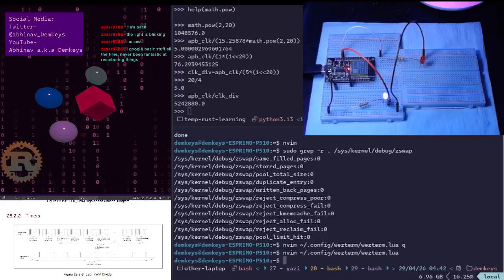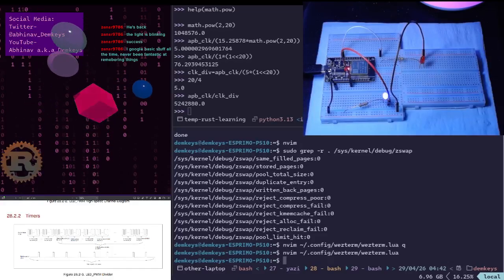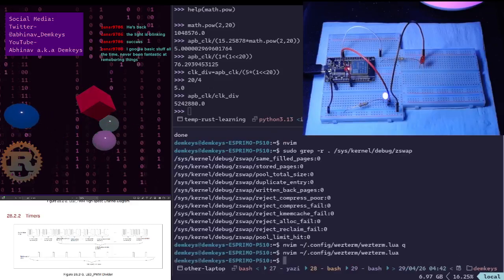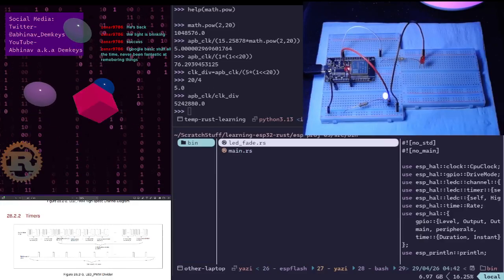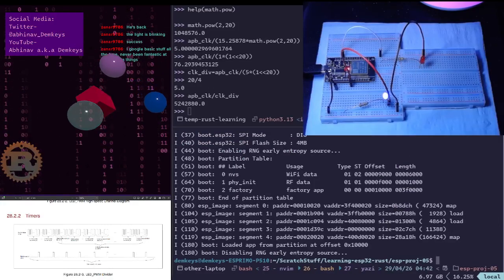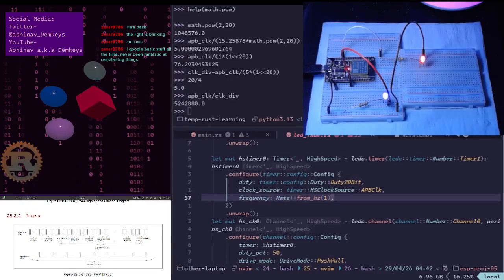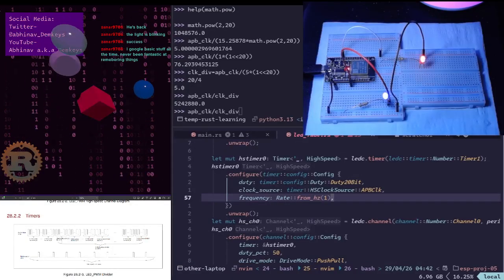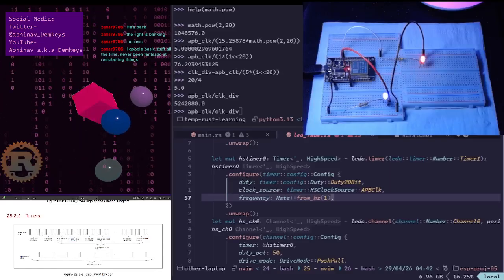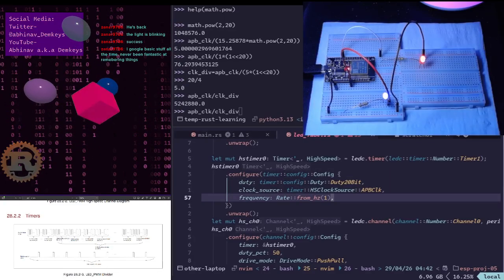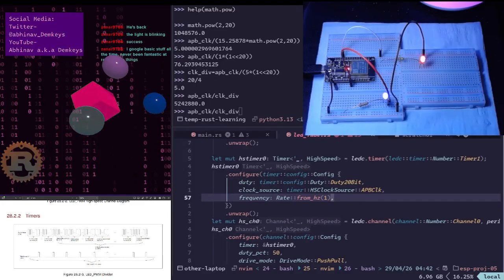All right, now getting back to what we are doing here. Okay, right. So we were doing this calculation, right? So we have a number which is 5,242,880.